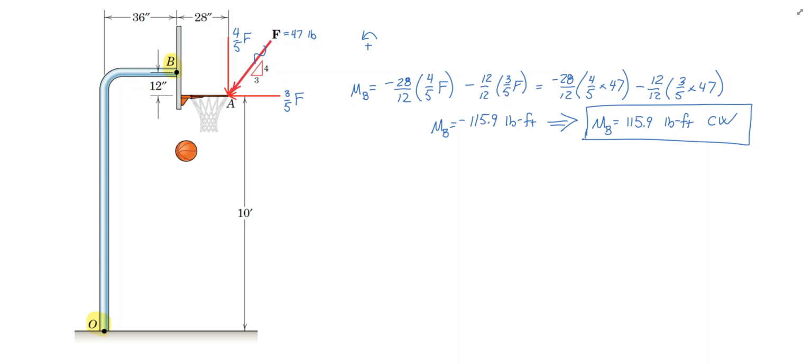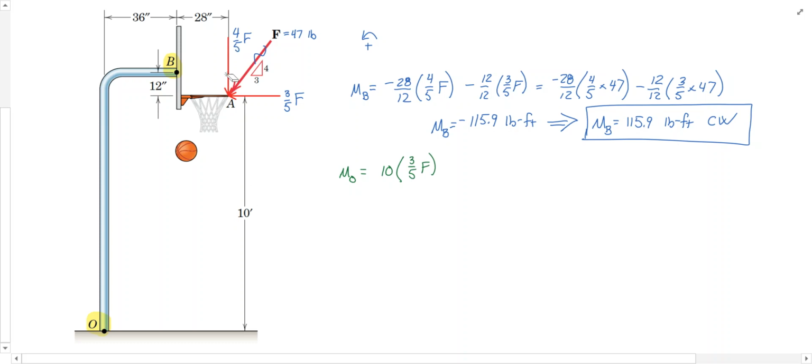All right, let's compute the moment around O now. So the moment around O is equal to: the horizontal component acts through a 10-foot moment arm around O. It's going to produce a counterclockwise moment, which is positive. So we have 10 feet. And be mindful of your units here, we're going to have feet and inches.